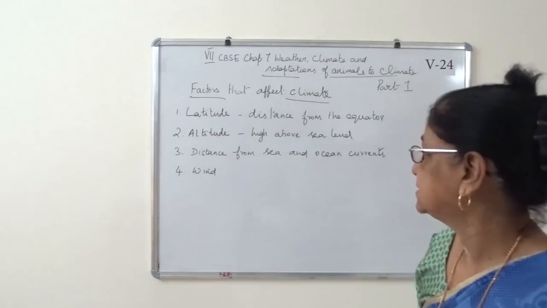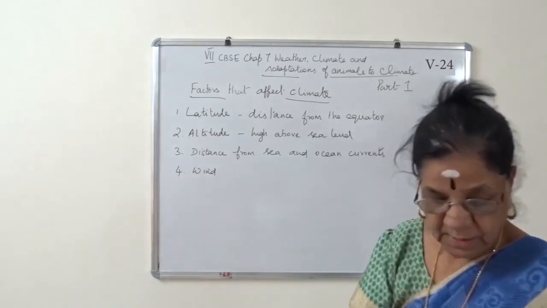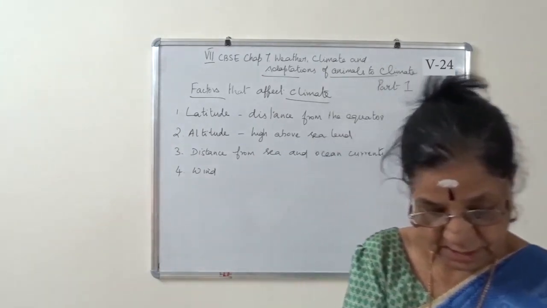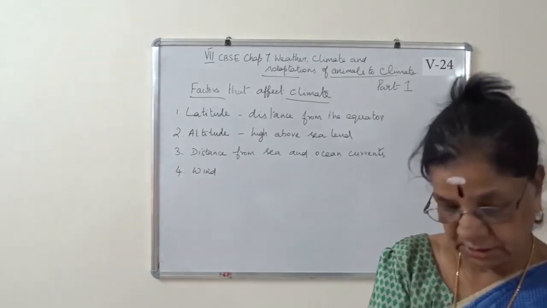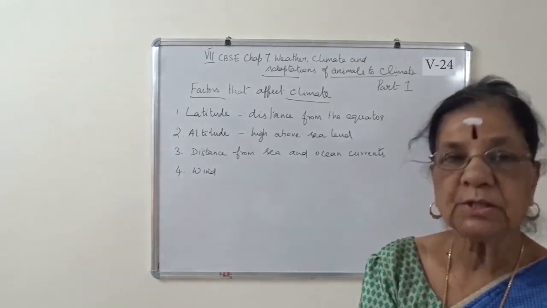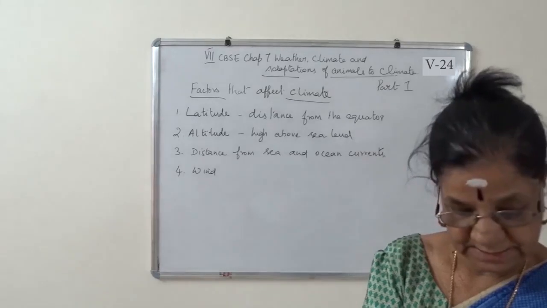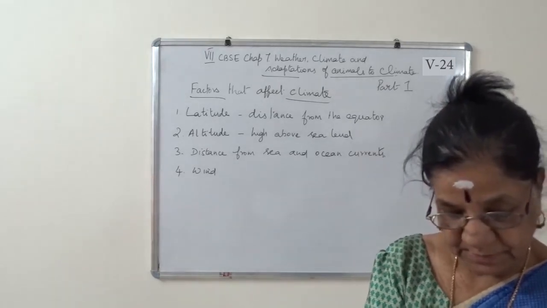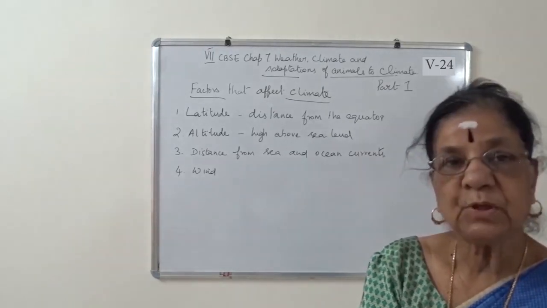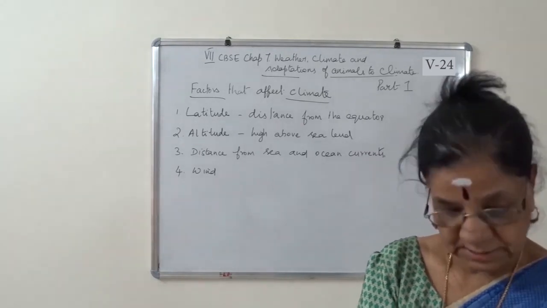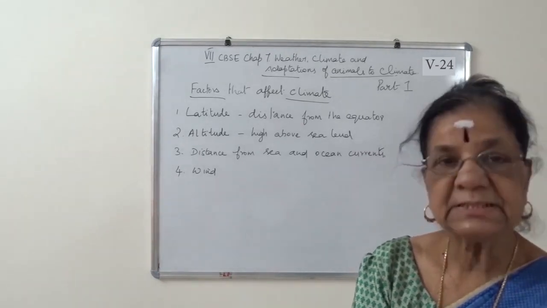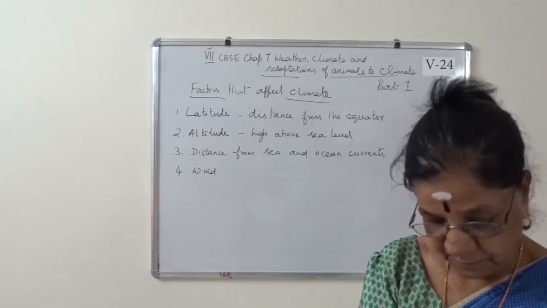The next one, wind. Winds that generally originate from a particular direction are called prevailing winds. These winds bring air from an area with one type of climate to another. The climate of a place can change over time.